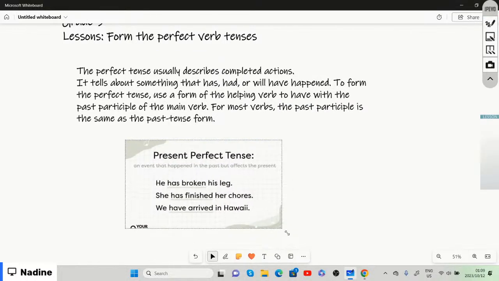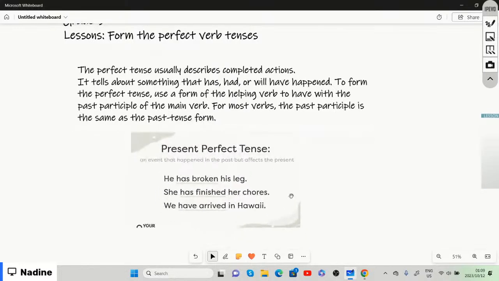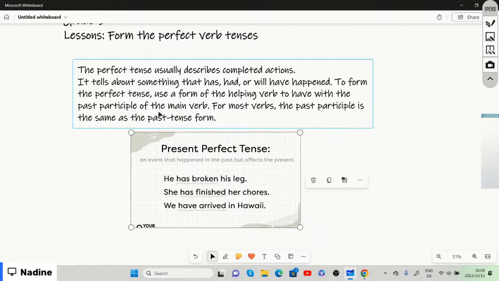All right, so if we look at this one picture at the bottom that says present perfect tense, remember we said that we have different tenses. It tells us about different tenses, which is has, had, or will have happened. So it is either telling us about the present perfect tense, past perfect tense, or future perfect tense.